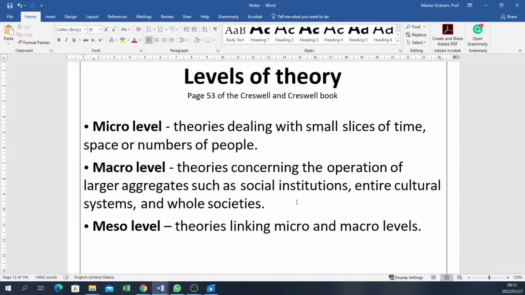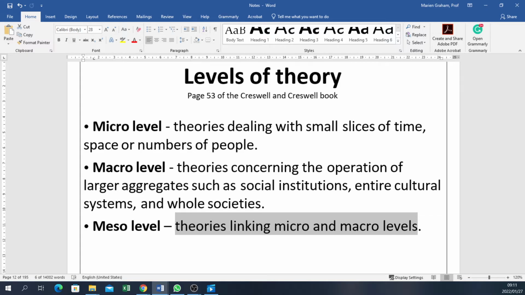So what is meso level? Meso level is the theories linking the micro and macro. So if you now think about the example I gave, what would meso level be? That would now be the collaboration between the officials and the stakeholders and with teachers and individuals.